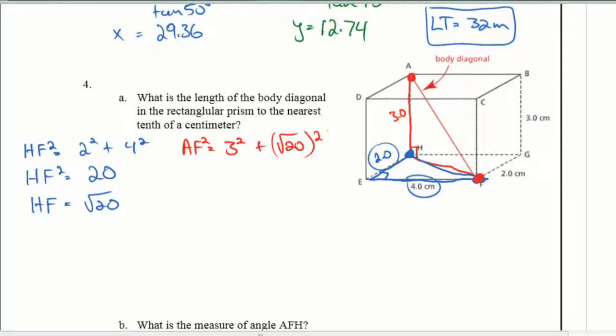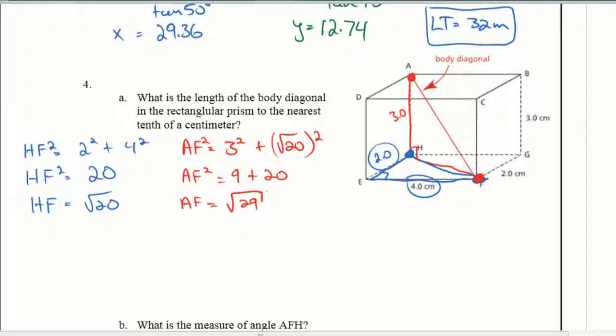So the reason I left it as the square root of 20 is because now I'm just going to square it and it's just going to be 20. So I haven't even done trig yet. I get AF squared is 9 plus 20. AF is the square root of 29.